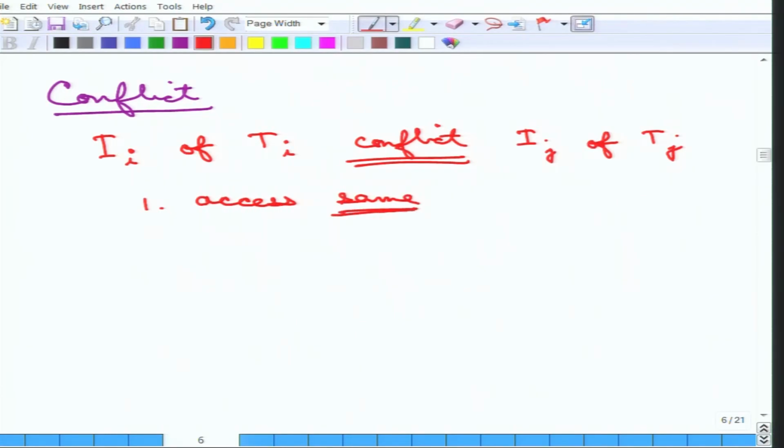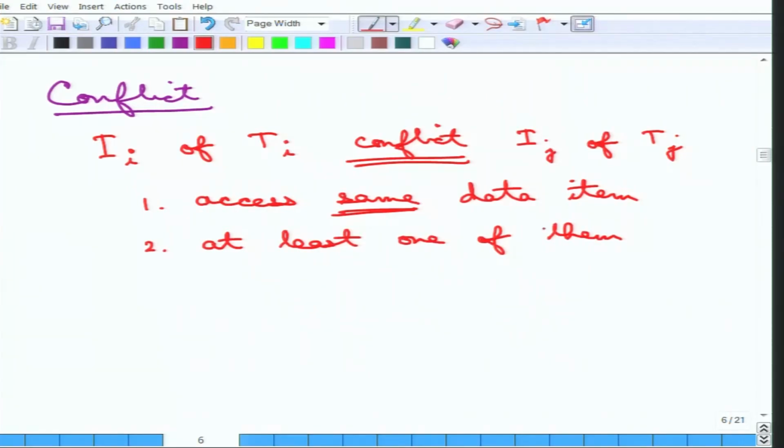This is very, very important, the same data item, correct, and at least one of them is a write operation.